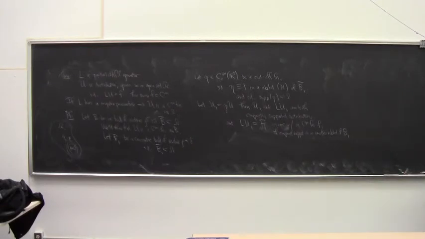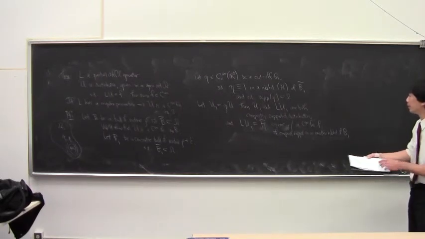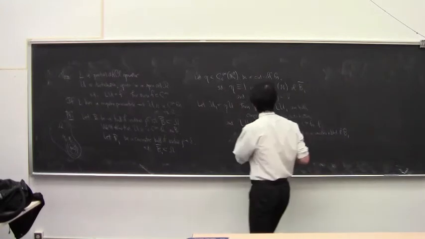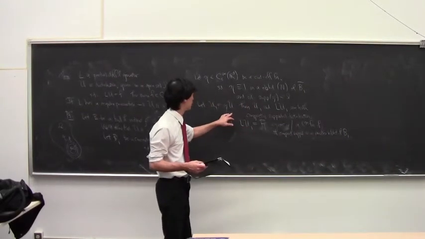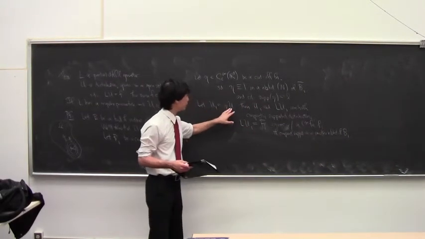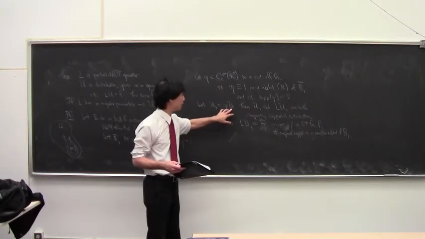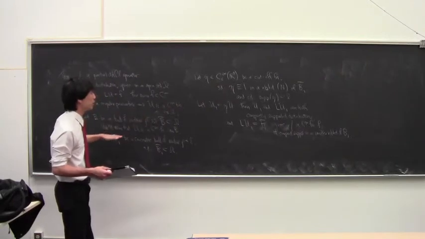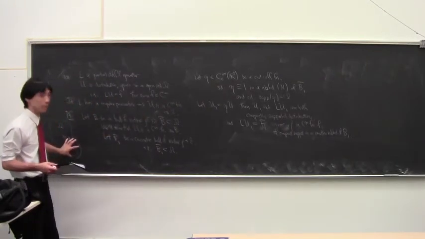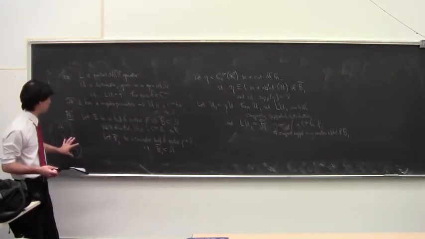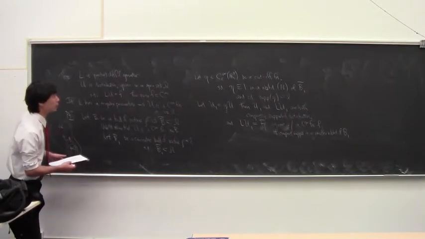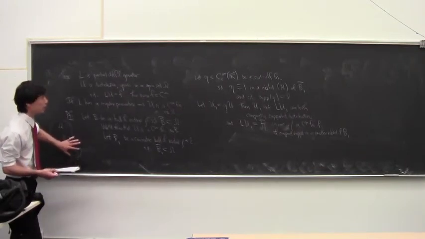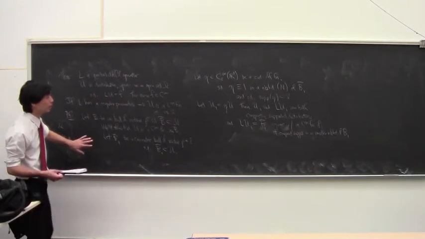Does that make sense? I'm a little bit troubled by this statement actually. So what's the point? You start with a U and then you hit it with N. You hit it with eta. So eta is 1 on a neighborhood of the closure of B1, right?